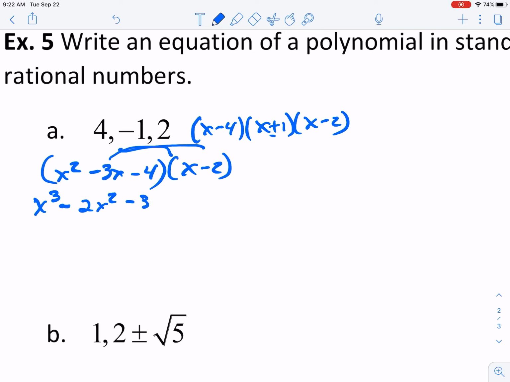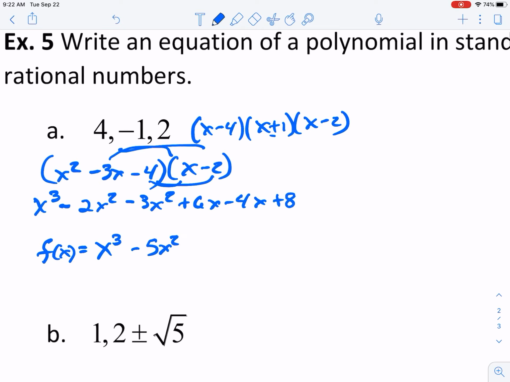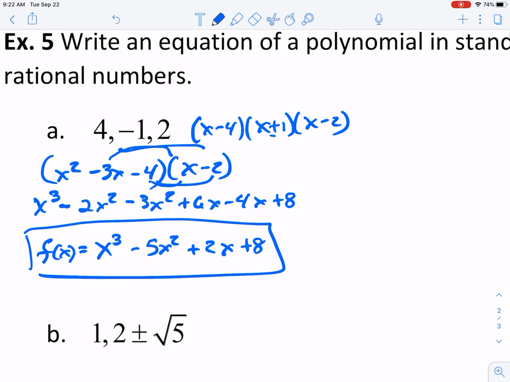Got minus 3x squared plus 6x. Then I did these. Got negative 4x plus 8. Now combine like terms, and you end up with your function is equal to x cubed, let's see, that's minus 5x squared plus 2x plus 8. Okay, that's not bad.